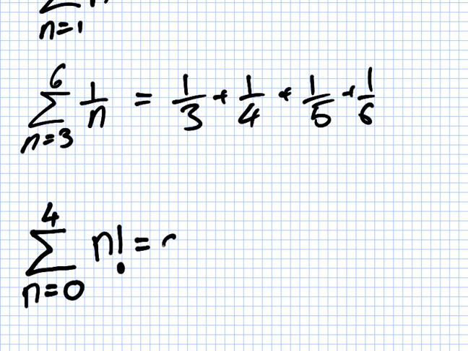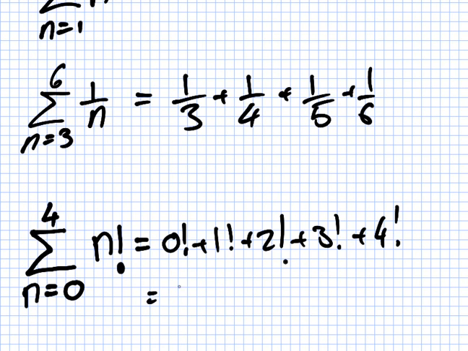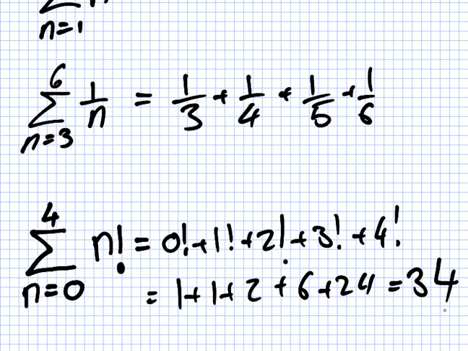It will be 0 factorial plus 1 factorial plus 2 factorial plus 3 factorial plus 4 factorial, which would be 1 plus 1 plus 2 plus 6 plus 24, which is 34. You said 10? Yep. Before.